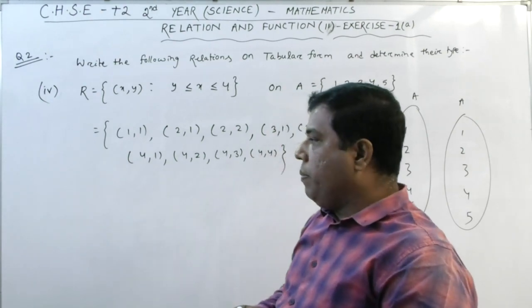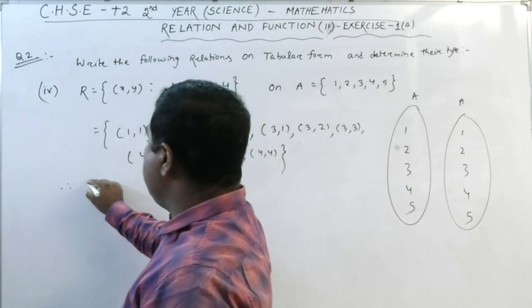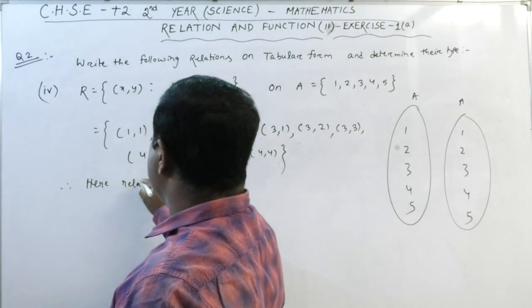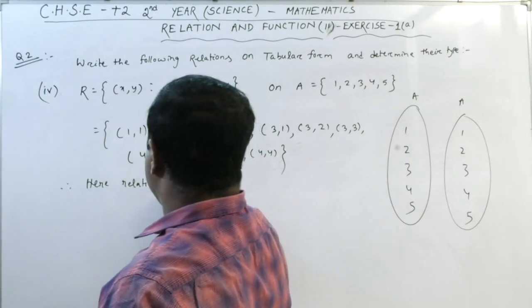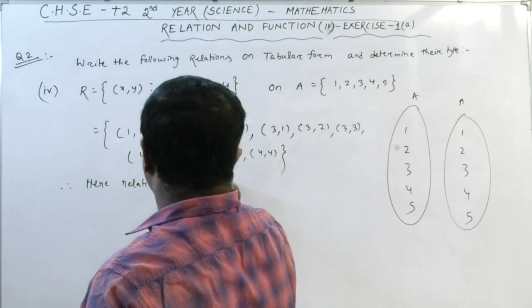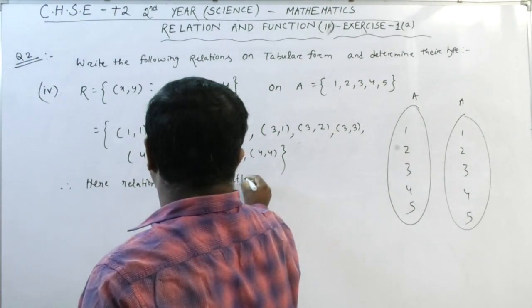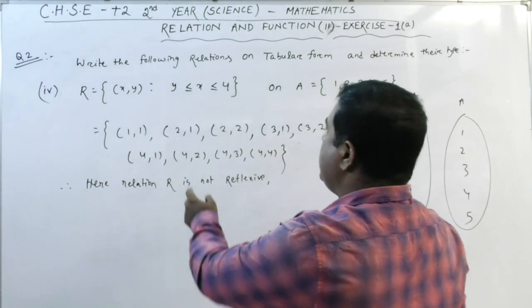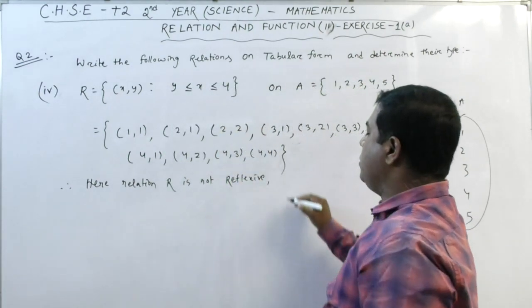So it is not reflexive. Therefore, here relation R is not reflexive. Now, is it symmetric? You see 4, 2 is there, but 2, 4 is not there. So it is not symmetric.